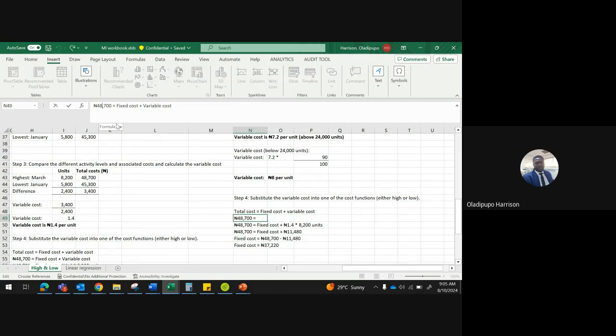So we've got 356,000 here. We're going to have fixed costs. We know this to be 7.2, and this is 30,000.